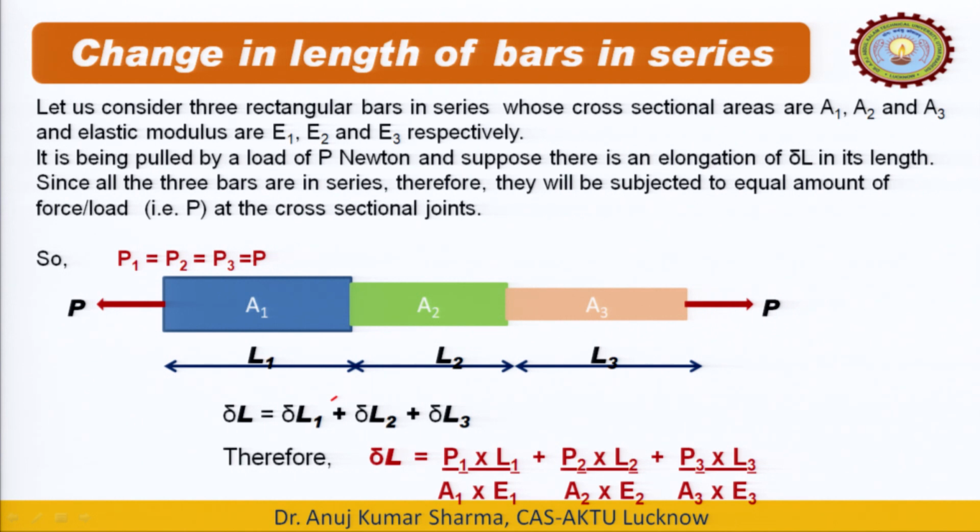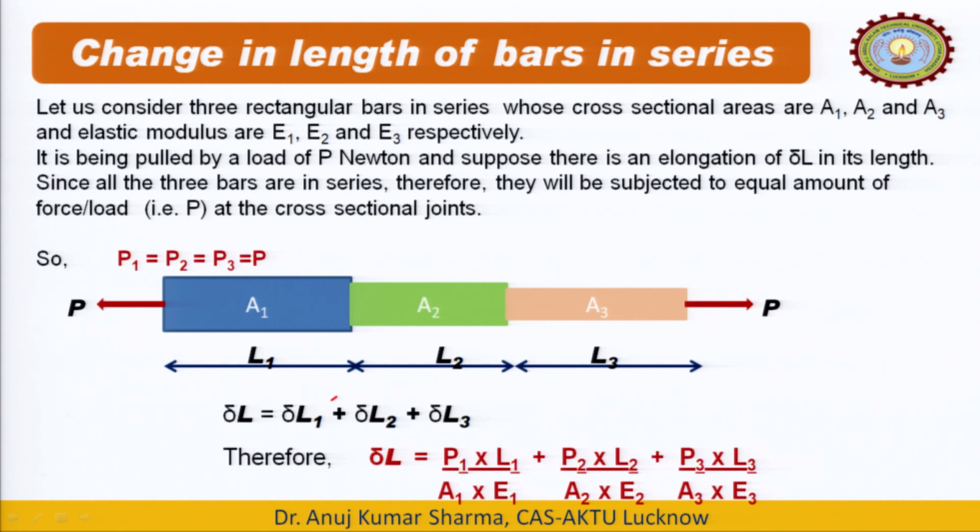So, let us say A1 is the cross sectional area of this, A2 is this, A3 is this. The lengths of these rods are different, L1, L2, L3, and these rods are of different material, so the modulus of elasticity for these rods would be different. If we stretch this compound bar, what will happen?